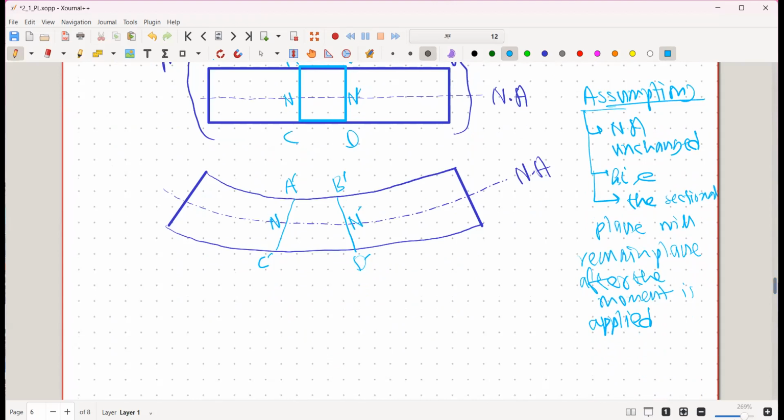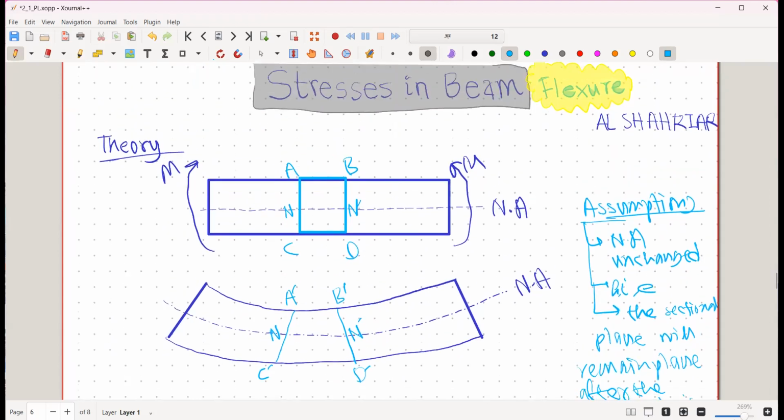So now from this, let's take another strip called EF. We can see the EF like over there, and here E dash F dash. Now we can see the AB will contract and CD will expand. Consequently, the above strips will contract and the below strips will expand. As EF is below the neutral axis, it will expand.